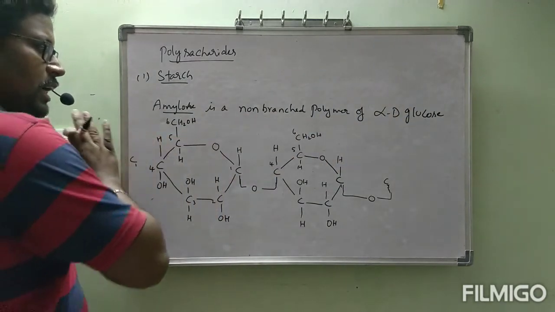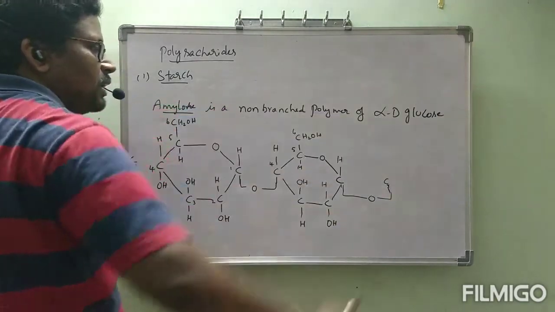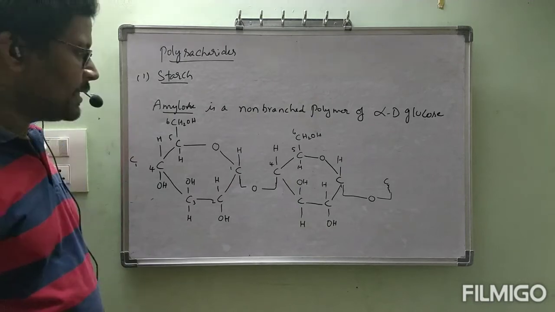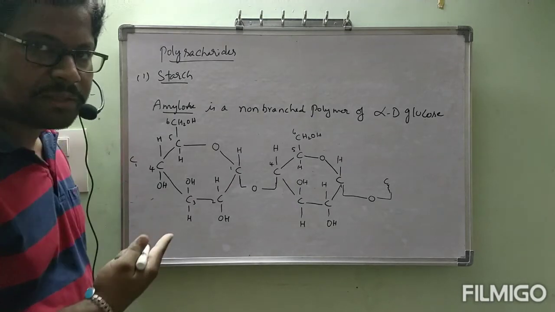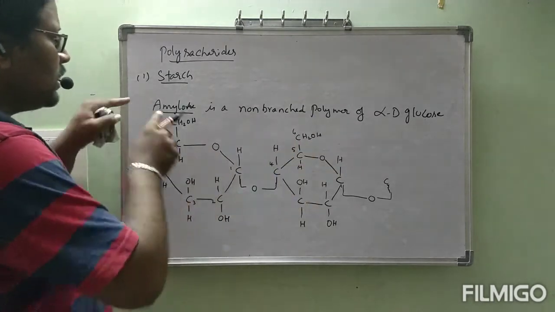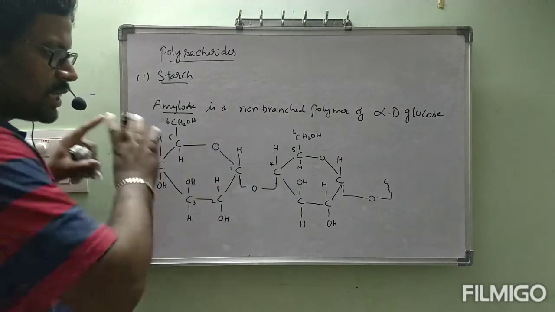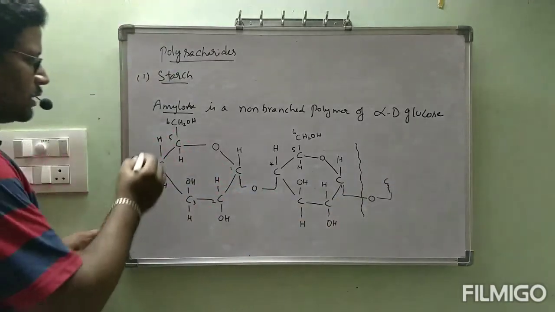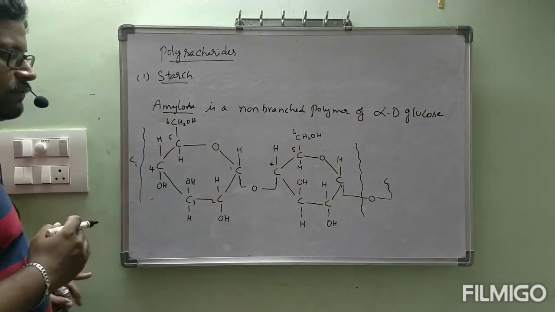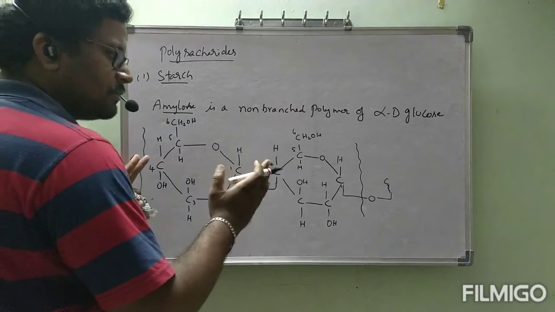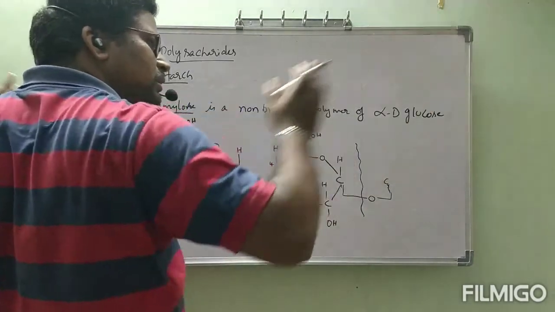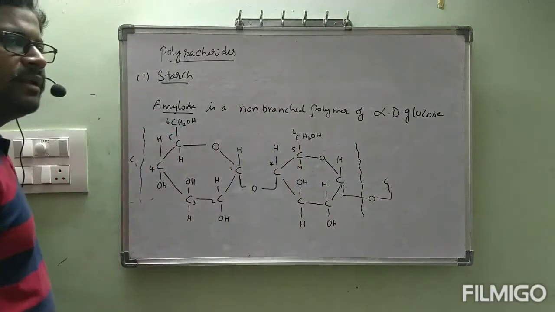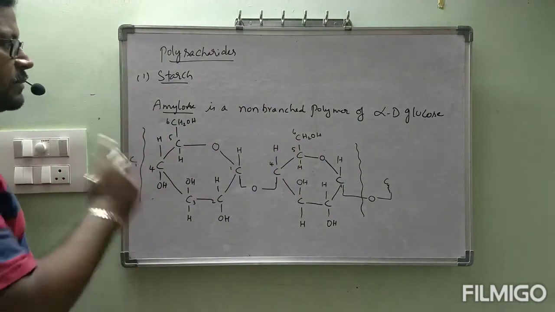This is about the amylose structure, a straight chain going on like this. For your understanding, I wrote two diagrams and it will be continued like this. 200 units like that, it will be a continuation without any branch. This is about amylose.